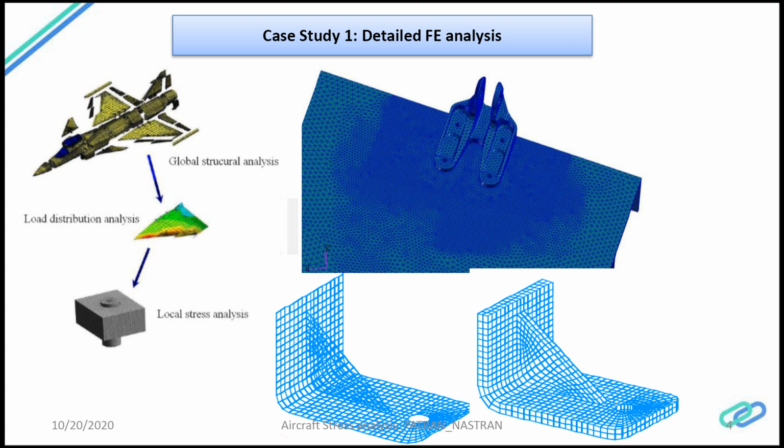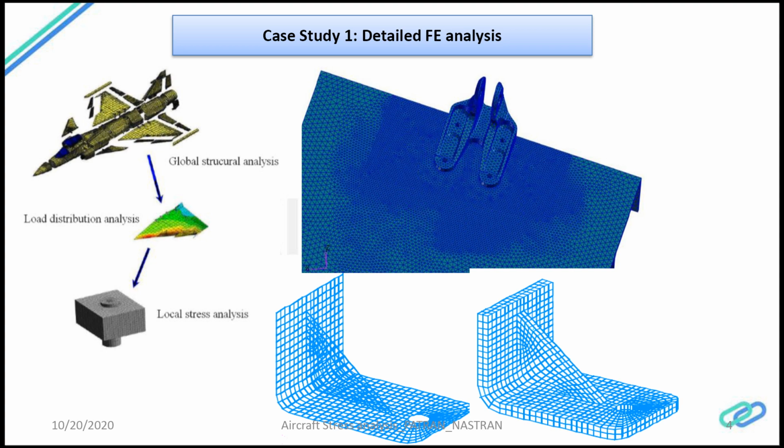So it's the duty of the FE analyst to understand clearly. For example, if I model the bracket with 2D elements, that means my interest is not the bracket, because I don't want to know the force distribution or the stress distribution within the bracket; my area of interest would be the panel joint.